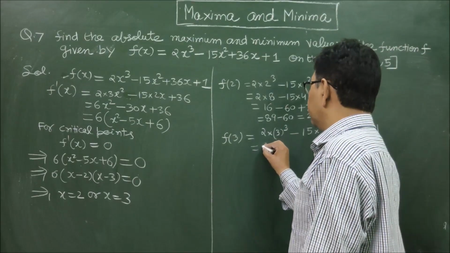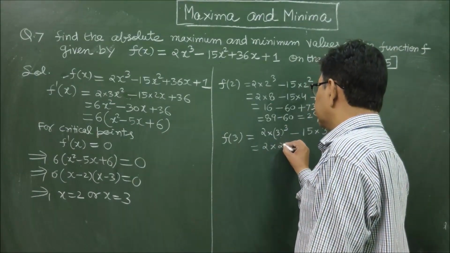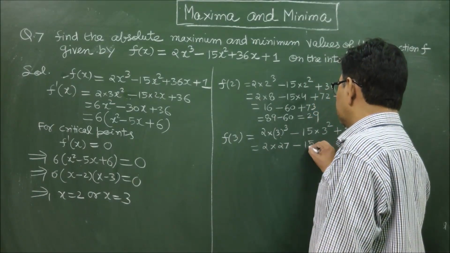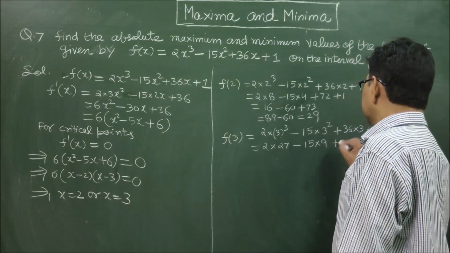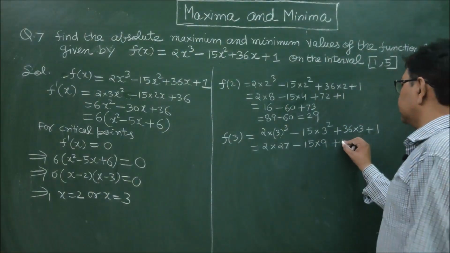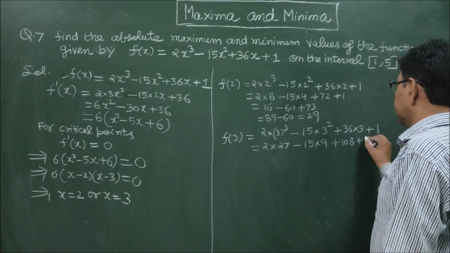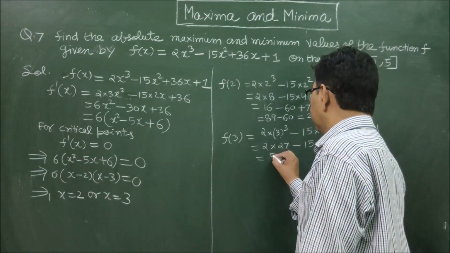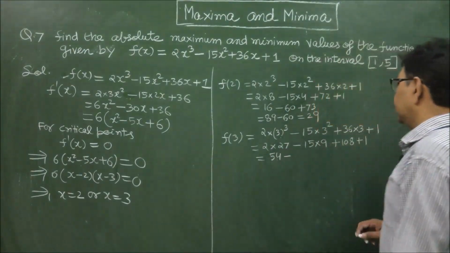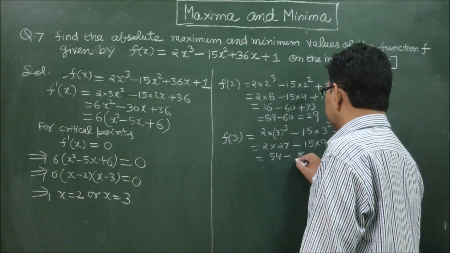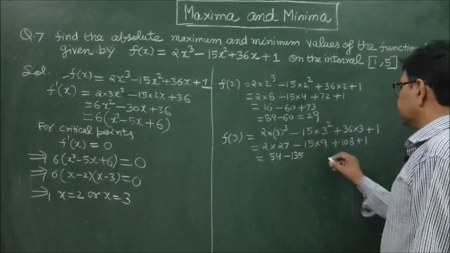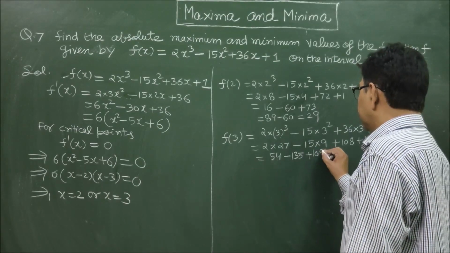So 2 into 27, since 3³ is 27, minus 15 into 9, plus 36 into 3 is 108, plus 1. Which is equal to 54 − 135 + 108 + 1.